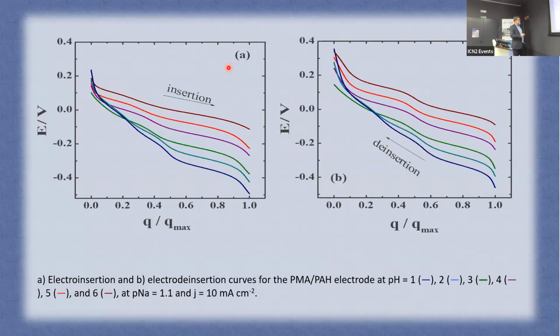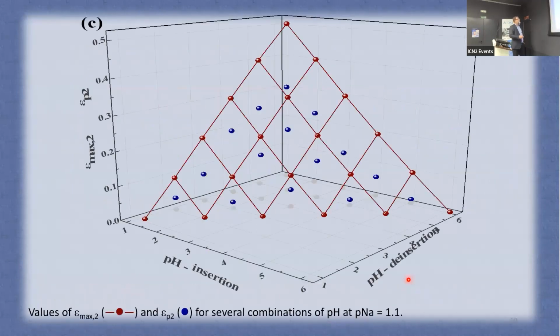Here, we have observed the chronopotentiometric curves for these materials for several pH. This figure corresponds to the efficiency of this system in comparison with thermodynamic data.